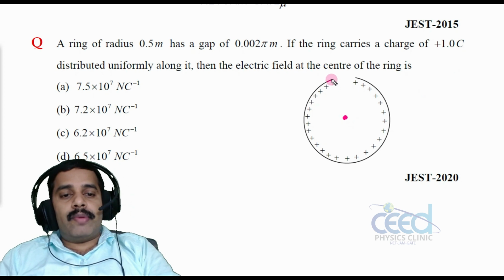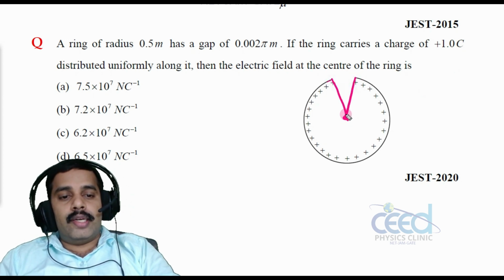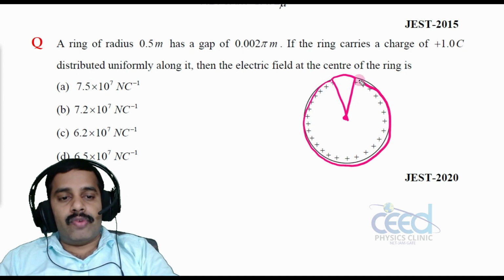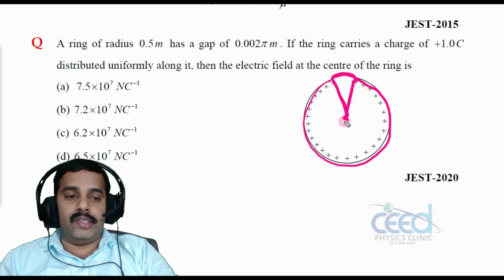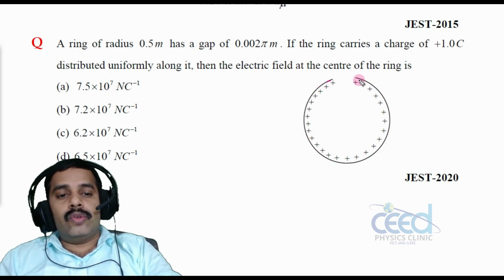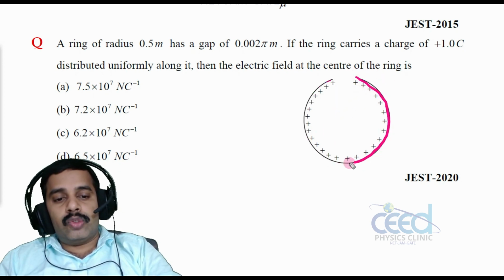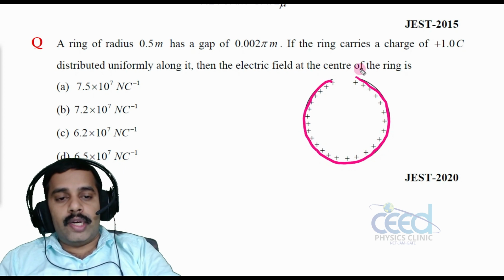So if I am considering this part, right? So due to this part, what is the electric field? That should be equal to the electric field due to this part. Then only that will cancel each other, and the electric field should be 0 at the center, right? So electric field due to this part should be equal to electric field due to the missed portion, right?